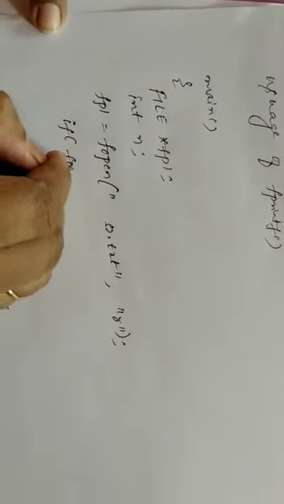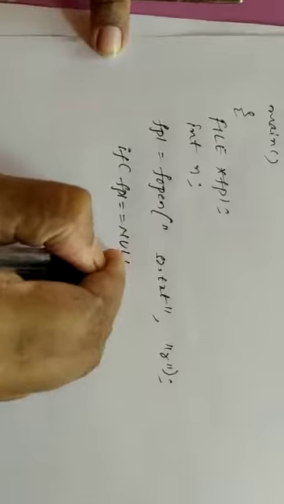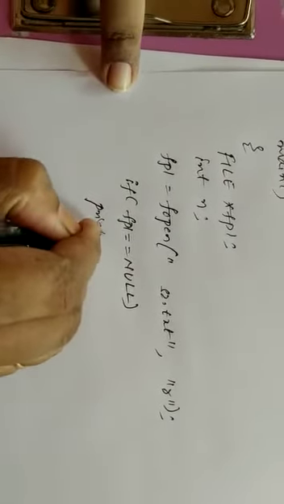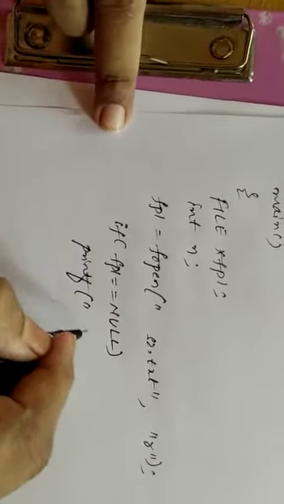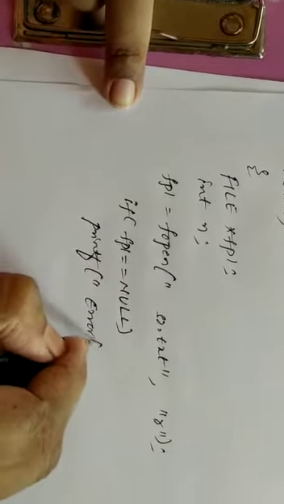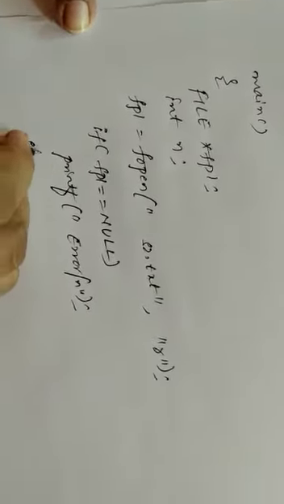If fp1 equal to null, if this condition is true, what do you need to output? That is, there is an error in opening a file. Else, printf file exists.